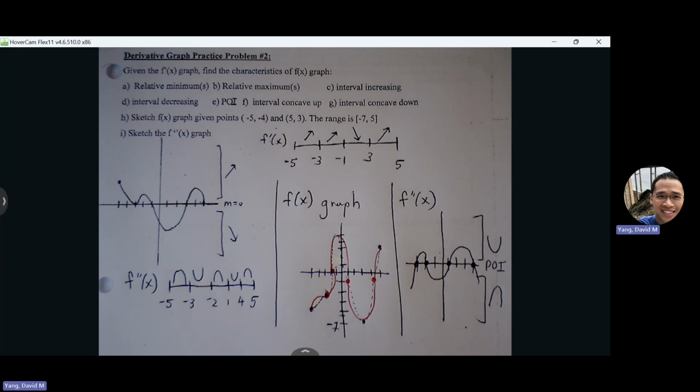Okay, next page. Let's try our optimization problem.